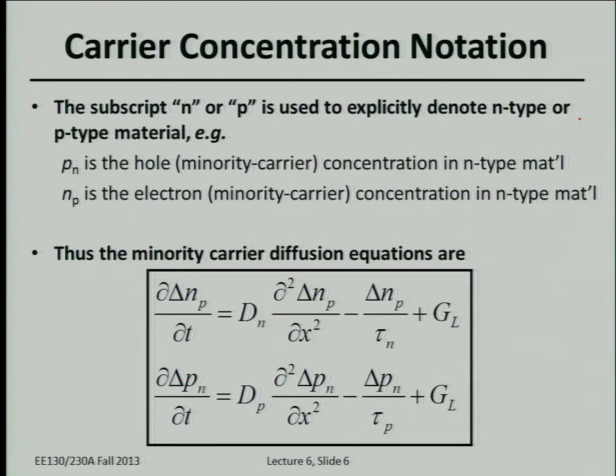Shoot, I have a typo here, sorry. This is P-type. Okay. So to be explicit then, we write two equations for electron concentration in P-type material and hole concentration in N-type material. I think the subscripts are correct. Okay, so these are the minority carrier diffusion equations, which are actually just specialized cases of the continuity equations.